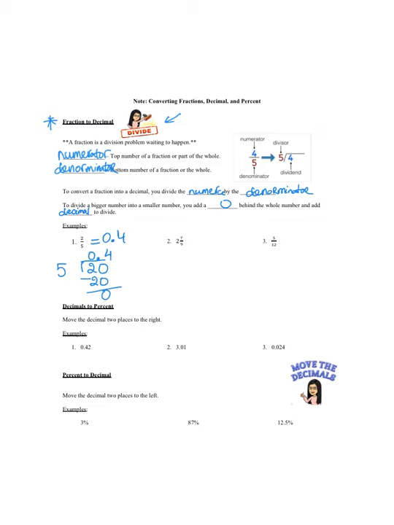Number 2, you're going to convert 2 and 7/9, a mixed number. So 2 is a whole number, so you will have 2 point something. Then you're going to divide 7 over 9 to see what the decimal is. 7 is smaller than 9, you cannot divide, so you're going to borrow 0 so you can start to divide.